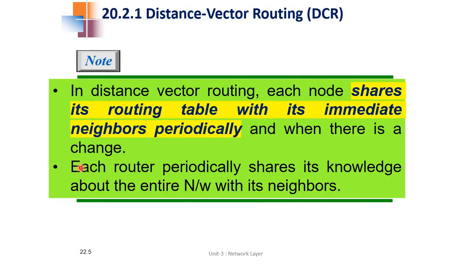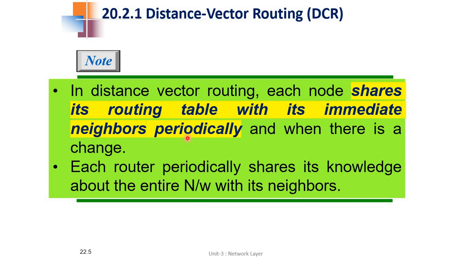Right. So as the name implies, distance vector routing. What does it mean? Every router in the network is supposed to share its information with its immediate neighbors periodically. For example, every 5 minutes, or every half an hour, or every 1 hour.